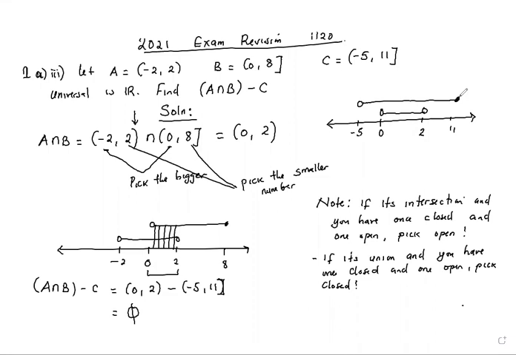Okay? Or, well, if you don't understand it this way, you write it. It will become A intersection B intersection C complement. Where is C complement? You start from here to go this side. Start from there, go the other side. Then intersect this C complement to this A intersection B. They don't intersect anywhere. So the answer becomes empty.